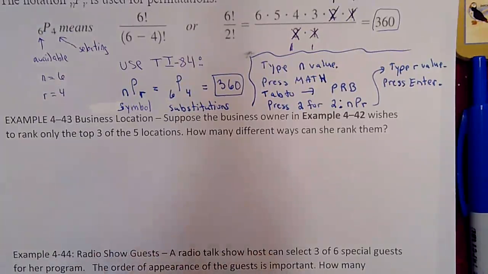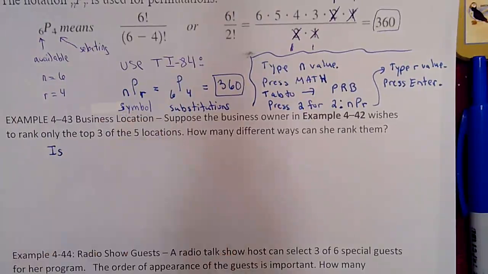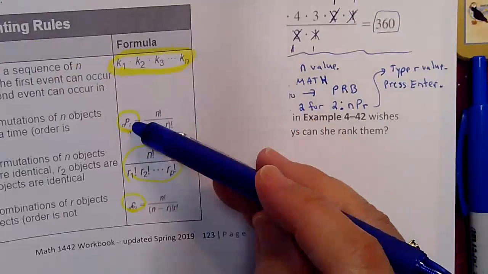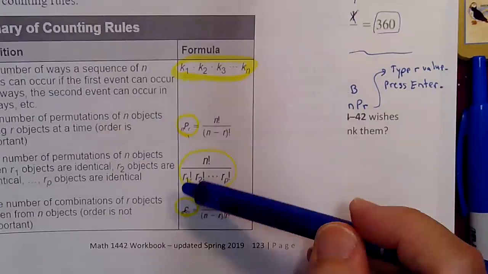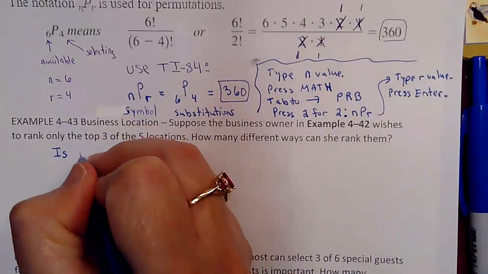Okay, so she's ranking them. They've got a designated value. She's ranking this one first, and then this one second. So order is important. On the test, to help you narrow down all your formulas, you'll have for sure one of each kind. To guide you to narrow it down to these 2, I will often ask you this question: is order important?